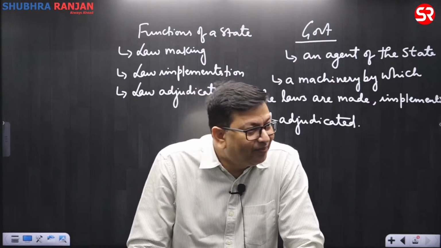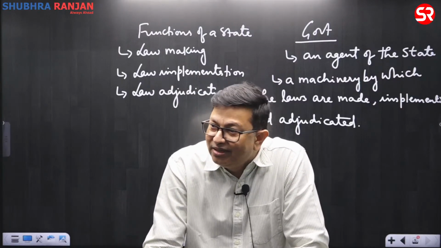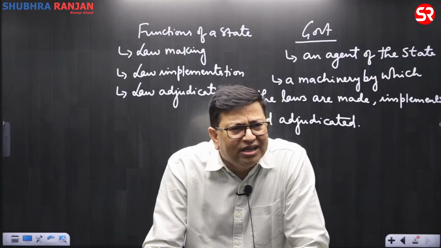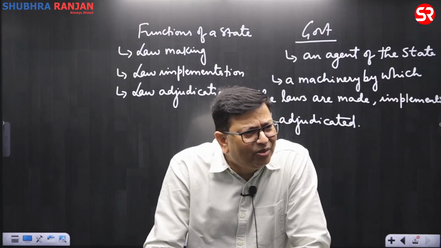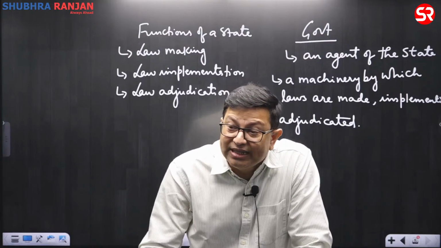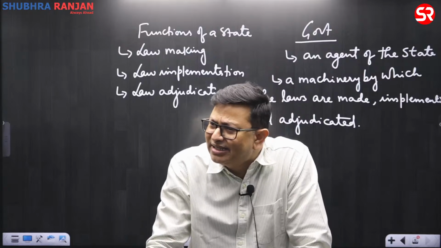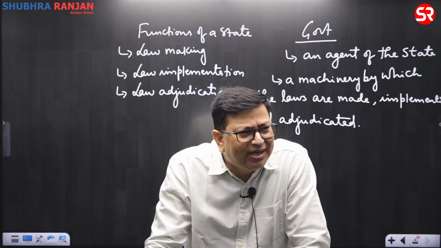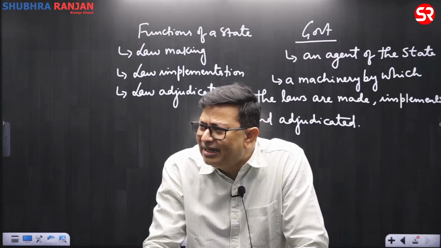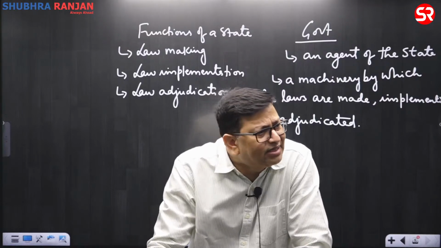Generally when we talk about the government, in common parlance, we refer to the executive, and that too the political executive. The Congress government, the UPA government, the NDA government, we call it like this.